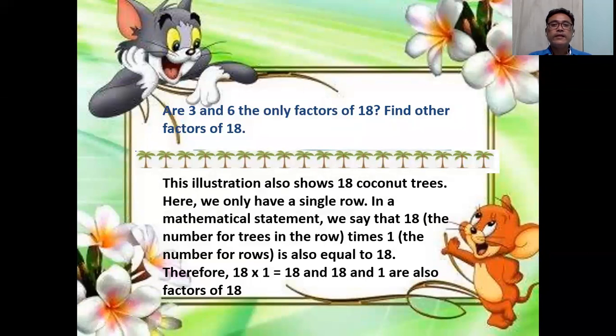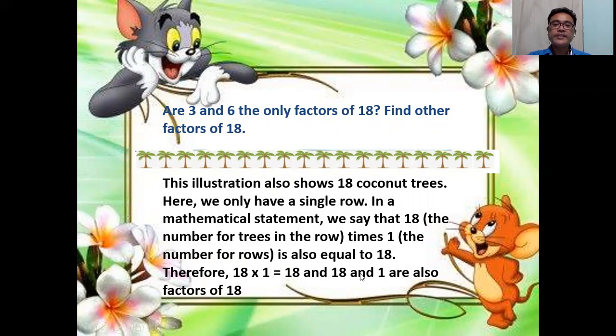Now, let's find other factors of 18. Look at this illustration. This illustration also shows 18 coconut trees. Here, we only have a single row. In a mathematical statement, we say that 18 times 1 is also equal to 18.